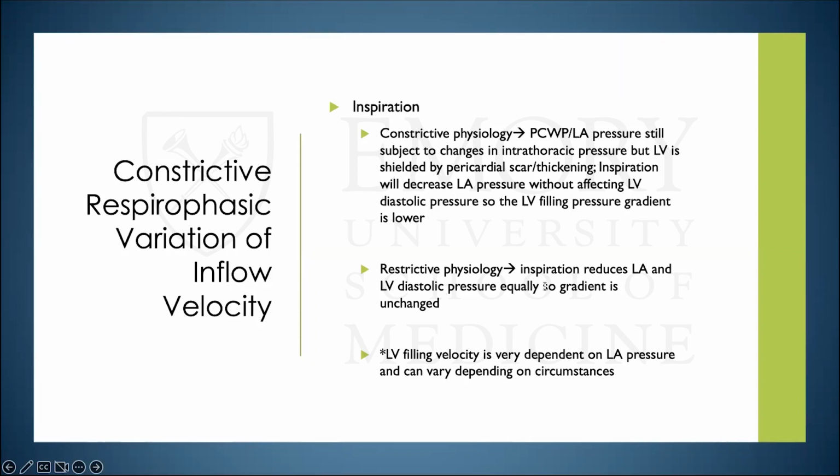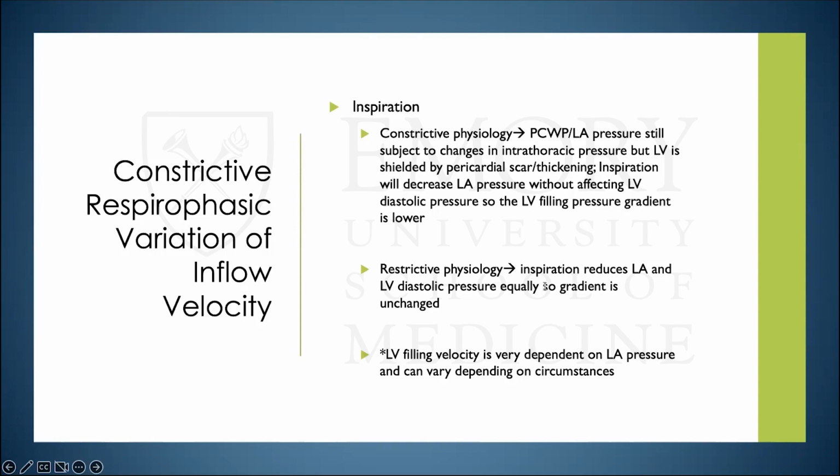So if you have a patient who takes a deep breath in, you introduce negative intrathoracic pressure, you're going to increase filling on the right side of your heart. What's going to happen is your left atrial pressure, wedge pressure, is still going to decrease, not as much as it would in a normal patient, but it should drop a little bit. However, your LV diastolic pressure is going to be more shielded by that thick pericardium.